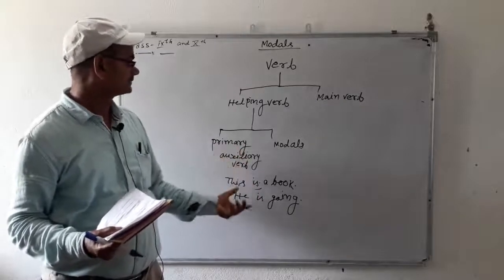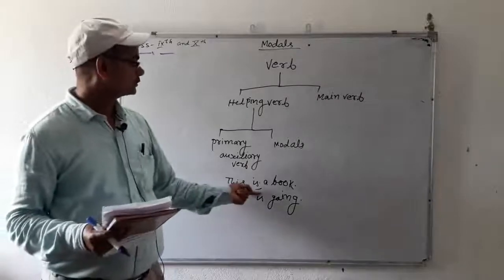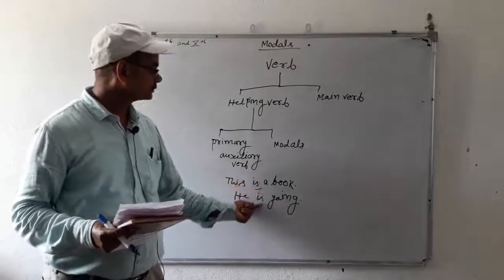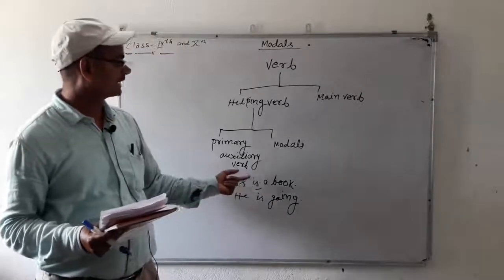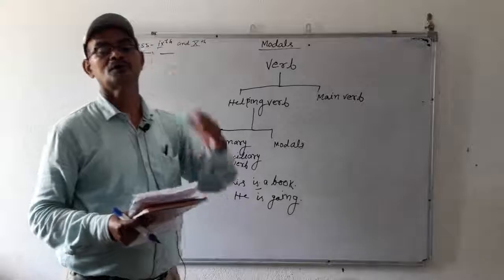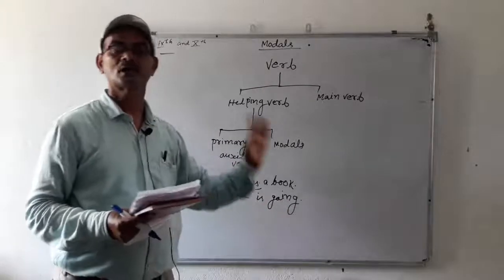Primary auxiliary verbs have two functions: to work as a main verb, and to help the main verb. प्राइमरी ऑक्सिलरी का काम है मुख्य क्रिया के रूप में कार्य करना, सहायक क्रिया के रूप में कार्य करना.